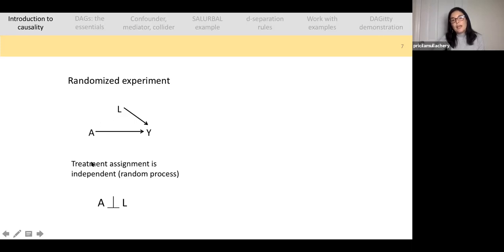And that's why, in this case, we can identify, meaning we can isolate the effect of the treatment on the outcome, right? Because in this example, A is independent of L. This is how you represent that, this upside down T. In this case, A is independent of L.